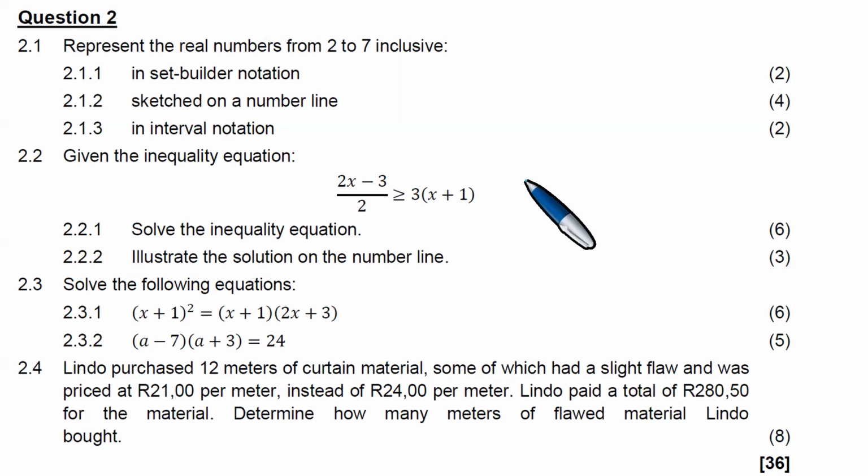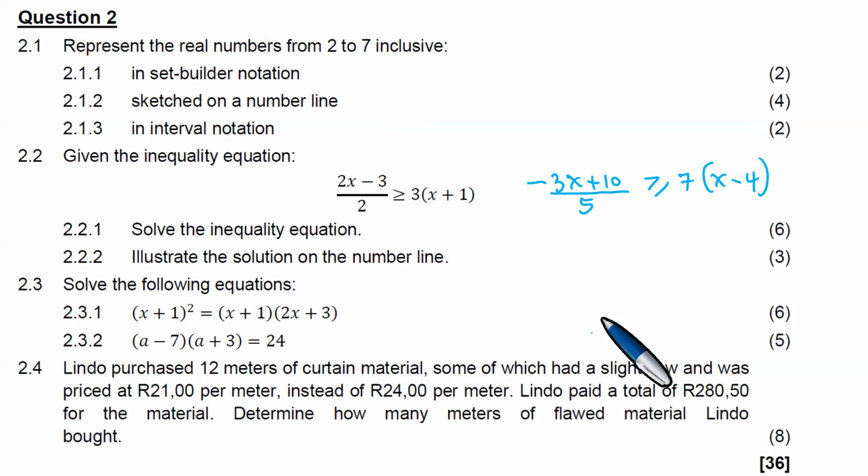For example, we can change the problem and make it like minus 3x plus 10, you divide everything by 5, and it is greater than or equal to 7 times x minus 4. Something like this. Now you have this one.